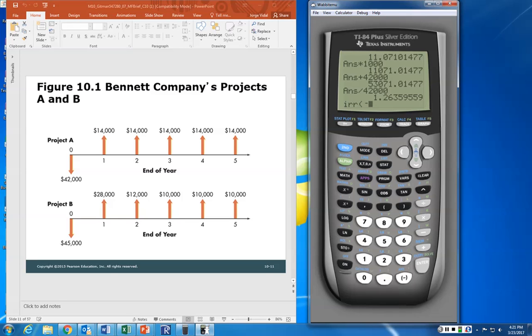So you go straight into the initial investment, 42, comma, open the bracket, cash flow 14,000, close, comma, frequency, enter, IRR 19.86%.